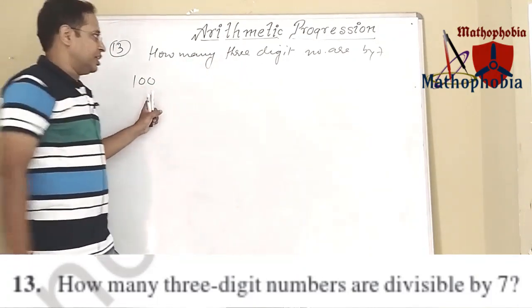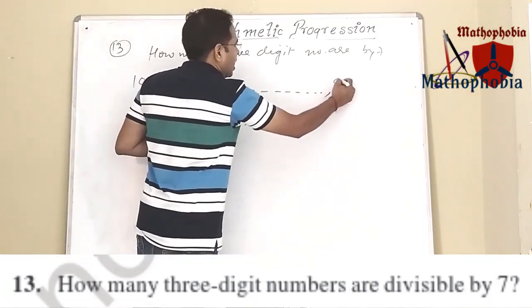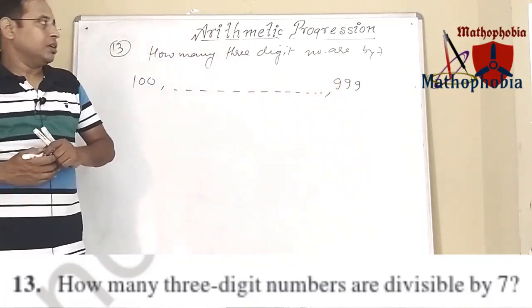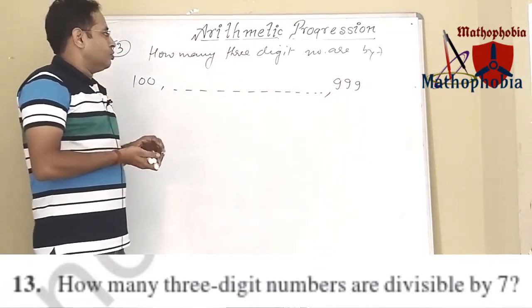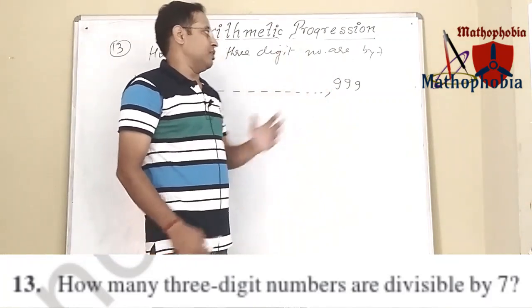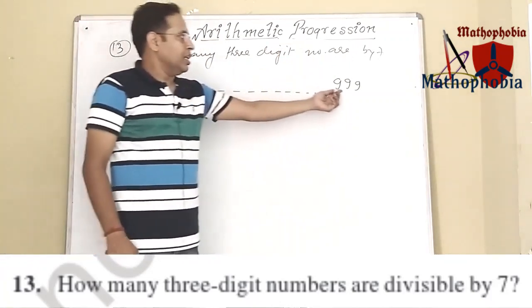What will be the last 3 digit number? 999. This will be the last 3 digit number. But we need to find how many 3 digit numbers are divisible by 7. The 3 digit numbers are from 100 till 999.